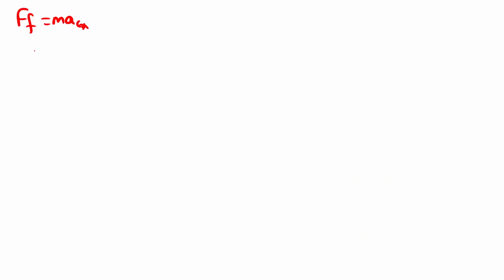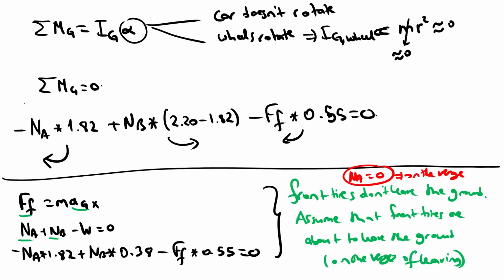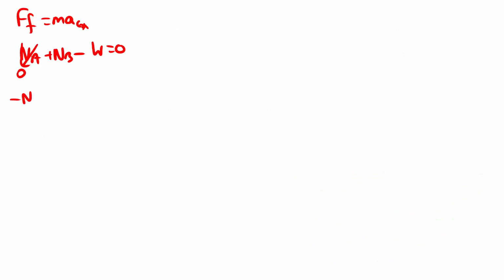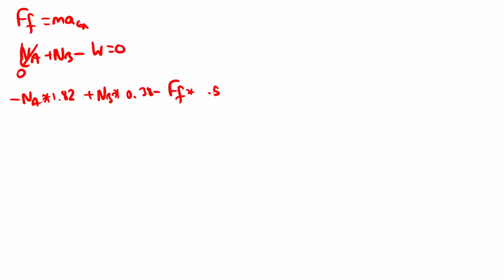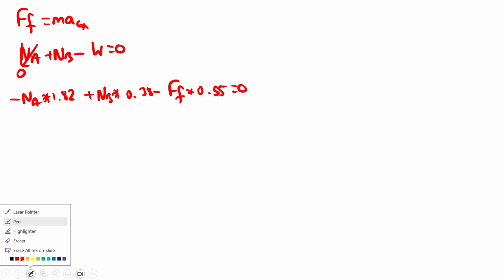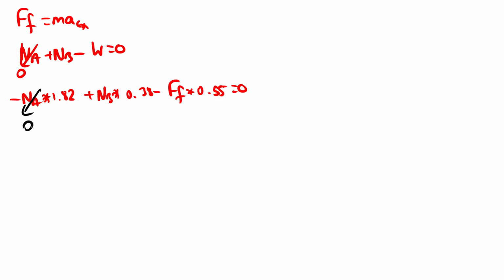Then N of A will be 0. N of B minus W will be 0, and this one is 0. The last thing is that N of A times 1.82 plus N of B times 0.38 minus F of F times 0.55 is equal to 0, and here N of A is also 0.